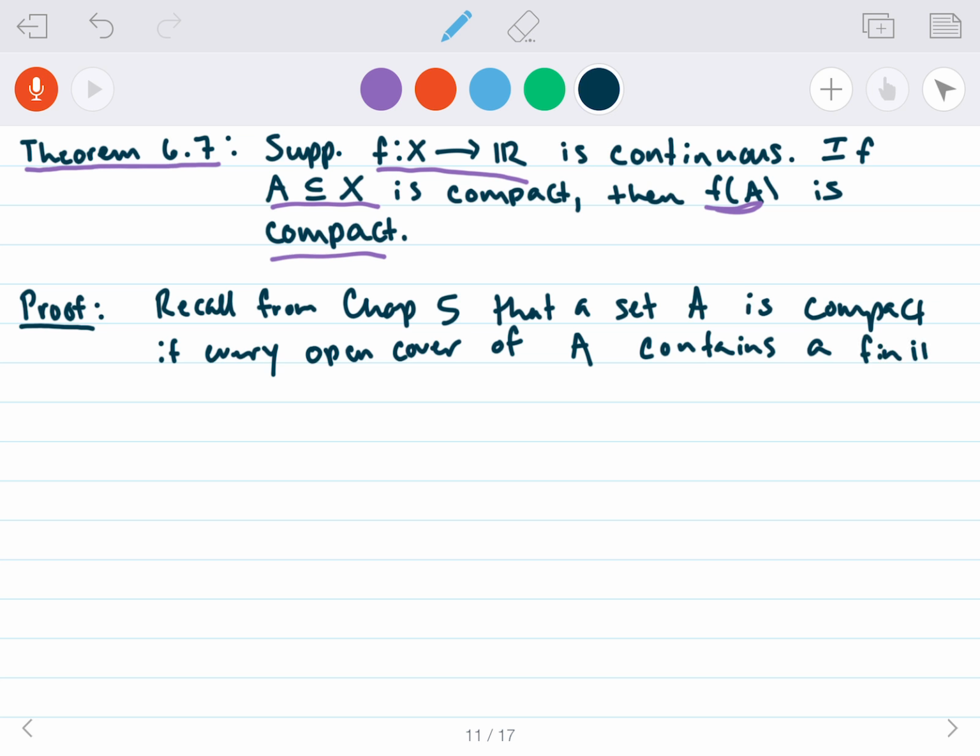So what are we trying to show here? We're trying to show that if I give the image of A, so if I do f of A, an open cover, that it has a finite subcover. Okay, so that is the idea here.